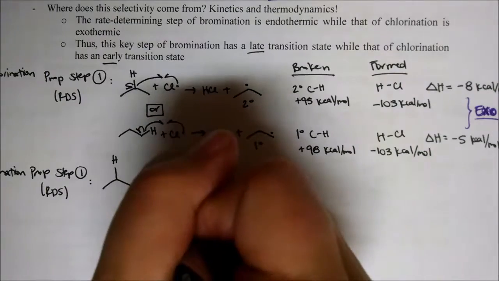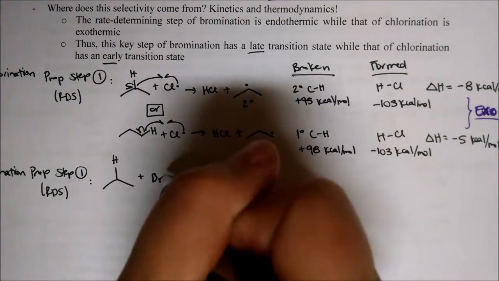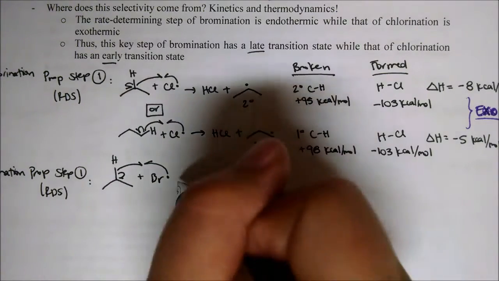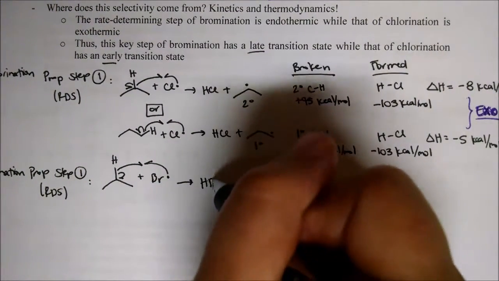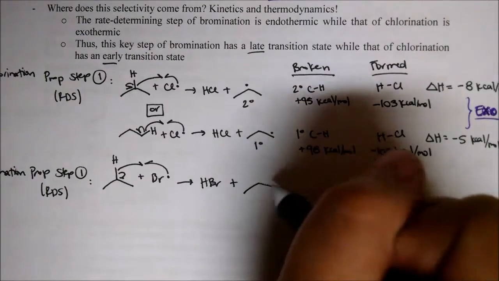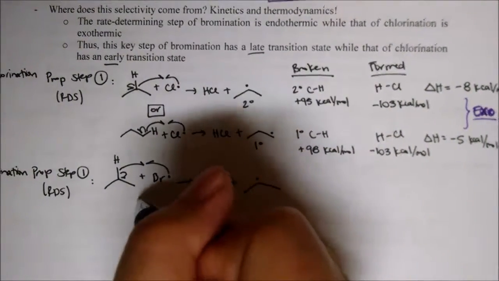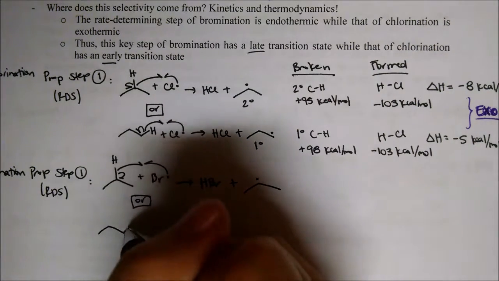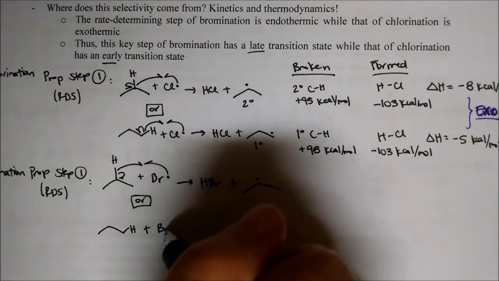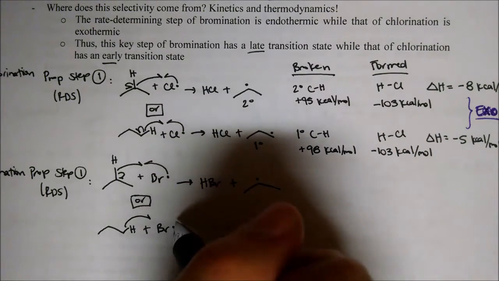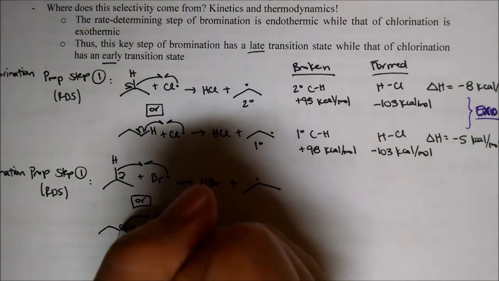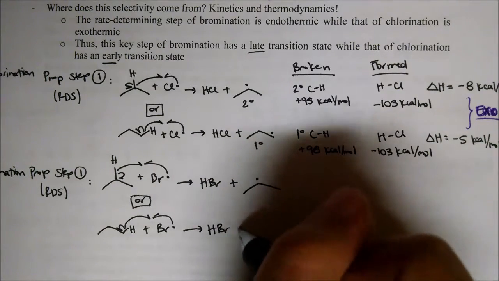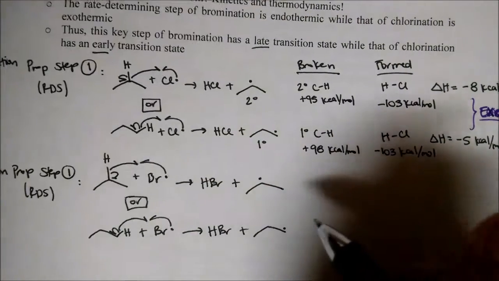This hydrogen is reacting now with a bromine dot to form HBr and again a secondary radical. Or, right, we can form the primary, reacting to form HBr plus that primary radical.